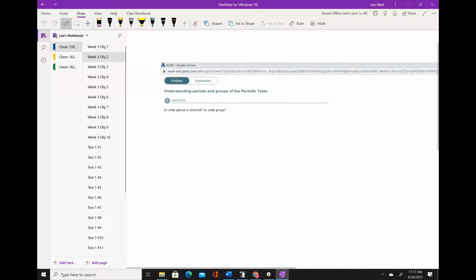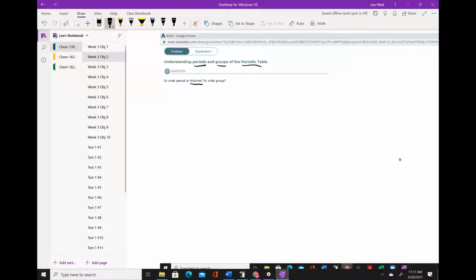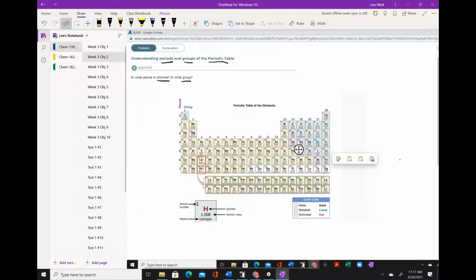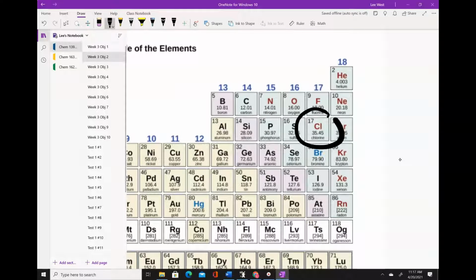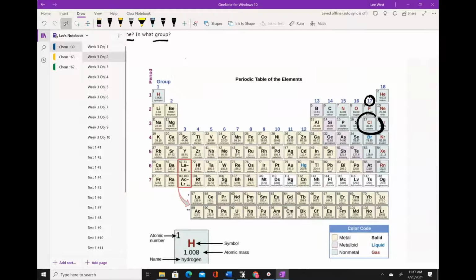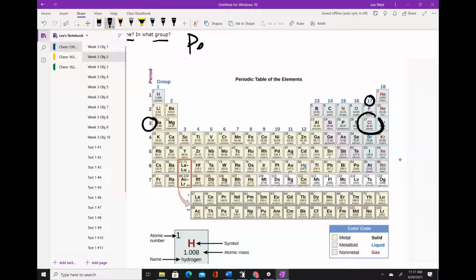Okay, so now it says understanding periods and groups of the periodic table. So it says in what period is chlorine and in what group. So let's have a look. Chlorine is here. The groups are the columns, so it's in group 17 and then period 3. So the answer to this, it's in period 3, group 17.